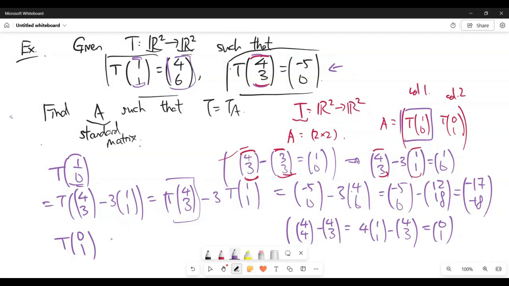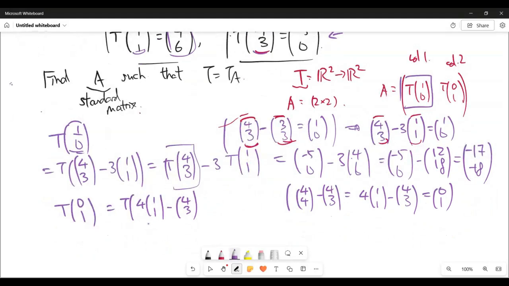So we can compute it now by using this fact. And because the map is linear, it is 4 times T of 1, 1 minus T of 4, 3. And 4 times T of 1, 1, you see T of 1, 1 is given, which is 4 times minus 5, 0. And minus T of 4, 3 is given.